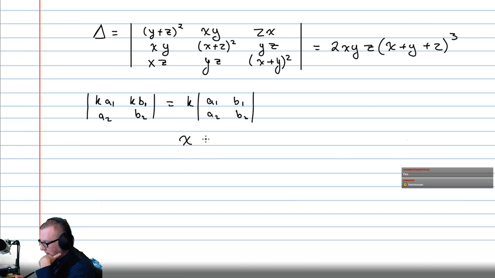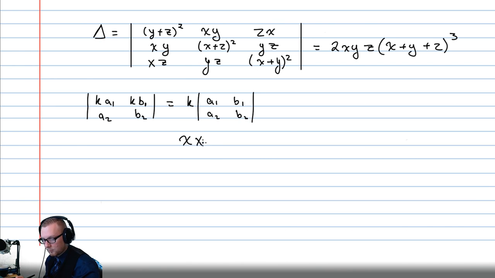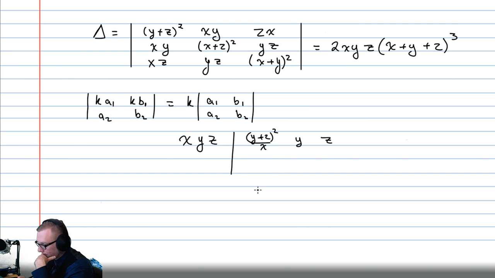Like, if I take an x out of the top one, let's say, and a y out of the second, and a z out of the third, then we still have y plus z squared, but we took out an x, so it would still be over x, and then y and z.